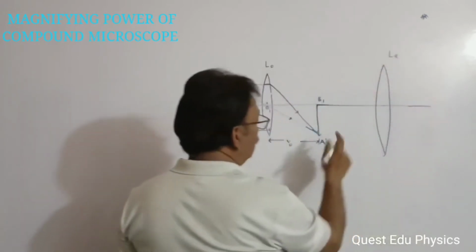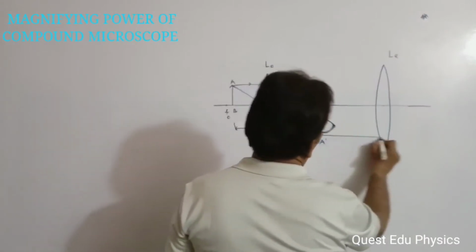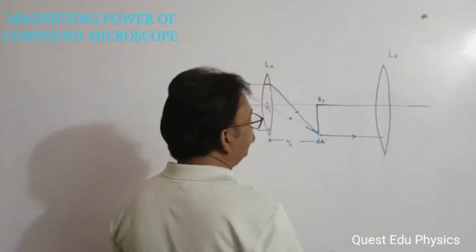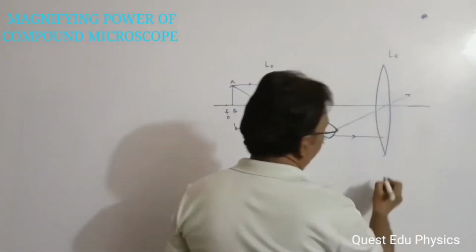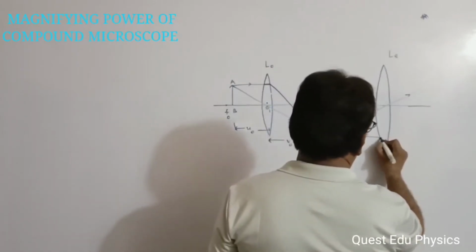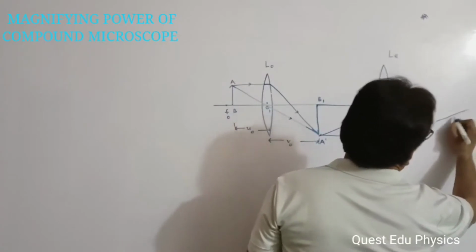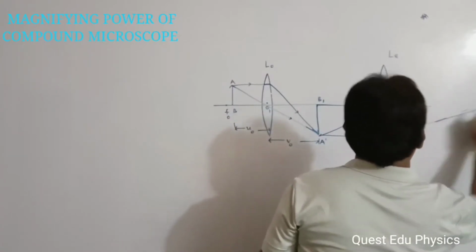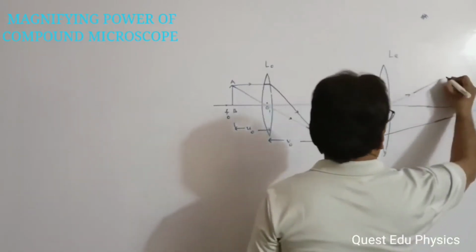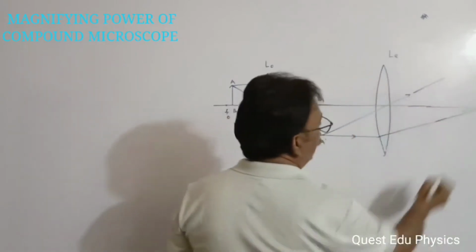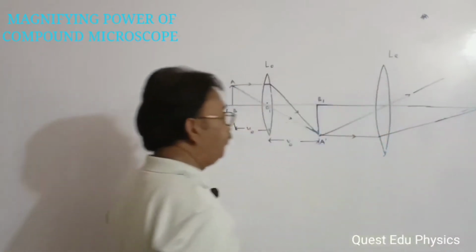Now say this image A1, B1 is taken as the object by the eye lens. One ray has to pass like this and one has to pass through the focus, students. If you extend these rays, see the gap is increasing. This is the focus of the eyepiece.